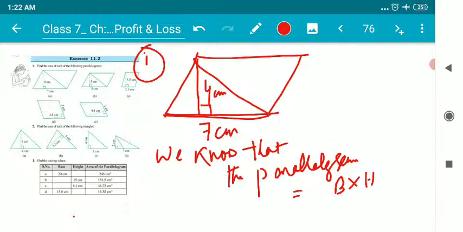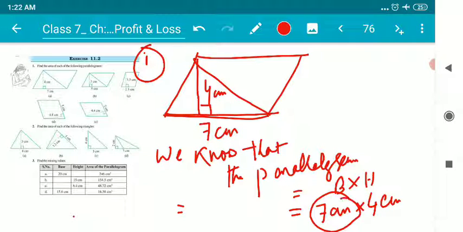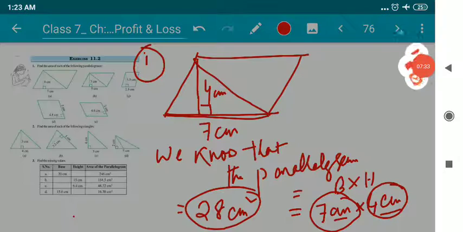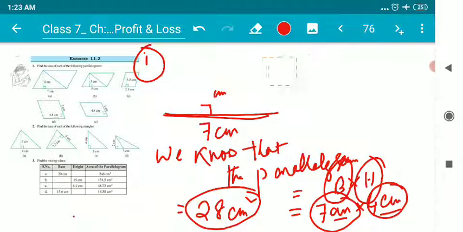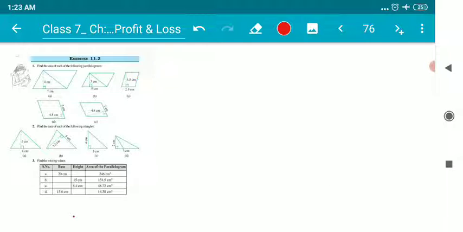The base is 7 centimeter and height is 4 centimeter. I'm just multiplying 7 centimeter and 4 centimeter. 7 4s are 28. Centimeter into centimeter results in centimeter square. So the area of this parallelogram is 28 centimeter square. Very simple. The formula for the area of a parallelogram is base into height. By multiplying base and height, we can simply calculate the area of a parallelogram.